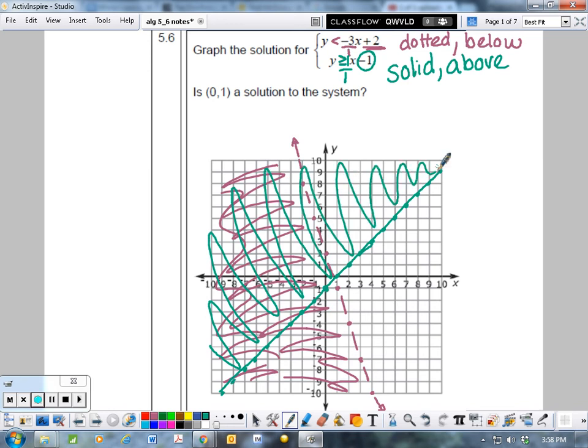And so now what happens if I've got two different colors going on, it looks like a disaster. But my true answer is where the two shadings overlap. So now I'm going to come in with my highlighter and I'm going to highlight where the purple and, I don't know, what is that, turquoise overlap. So this is going to be the solution to both inequalities.